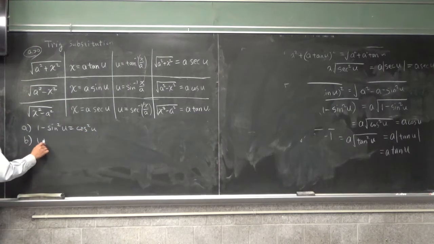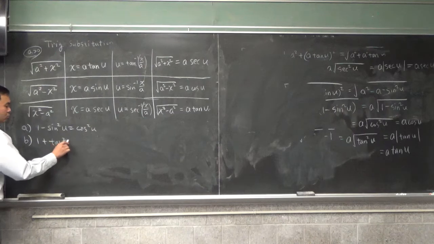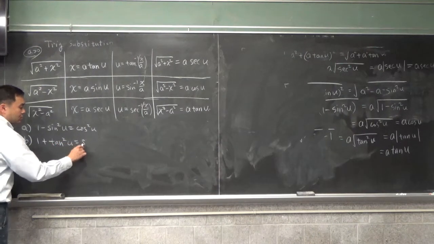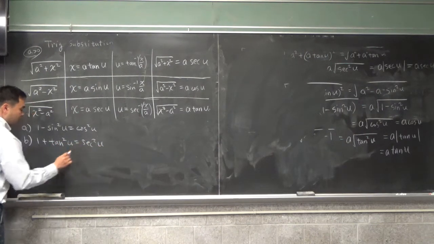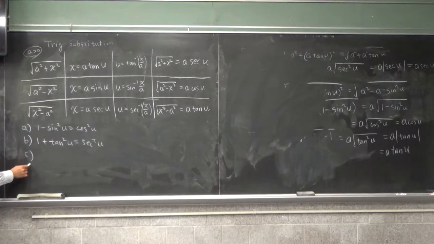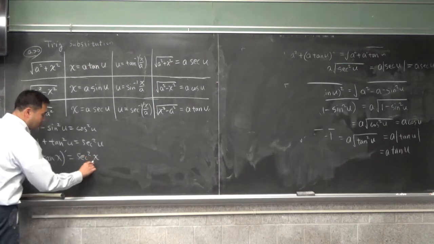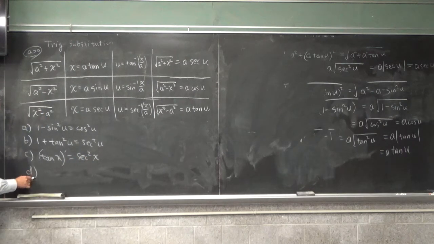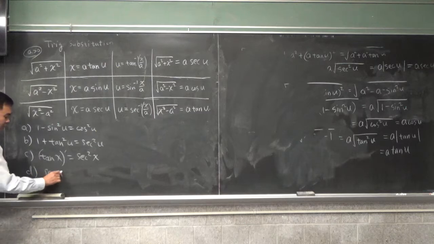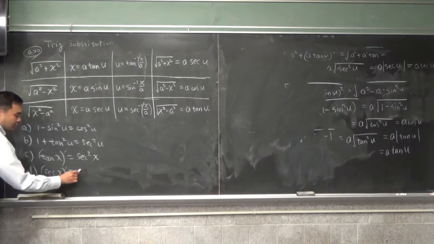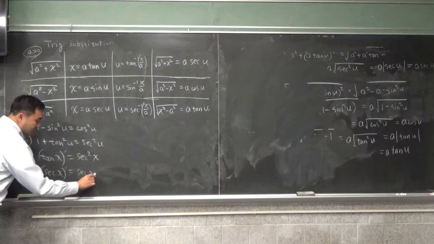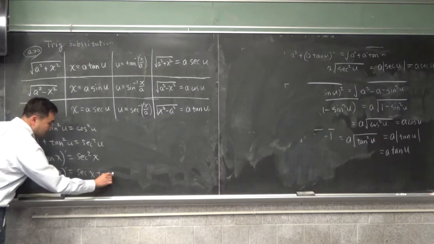B: 1 plus tangent squared of u is secant squared of u. C: the derivative of tangent x is secant squared x. And the derivative of secant x is secant x tangent x.